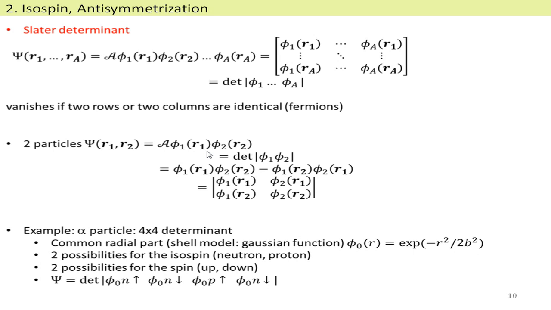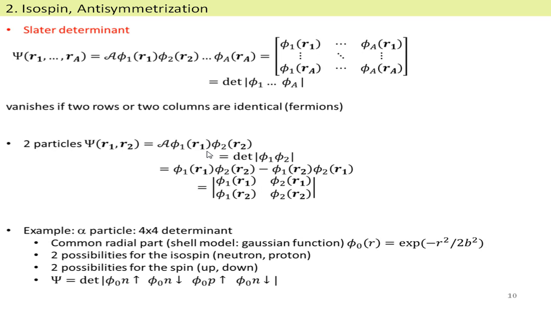And all nucleons have the same radial part, at least in the shell model, which is a 0s Gaussian function here. And you know that there are 2 possibilities for the isospin, neutron or proton, and 2 possibilities for the spin. So this makes your 4 by 4 Slater determinant.